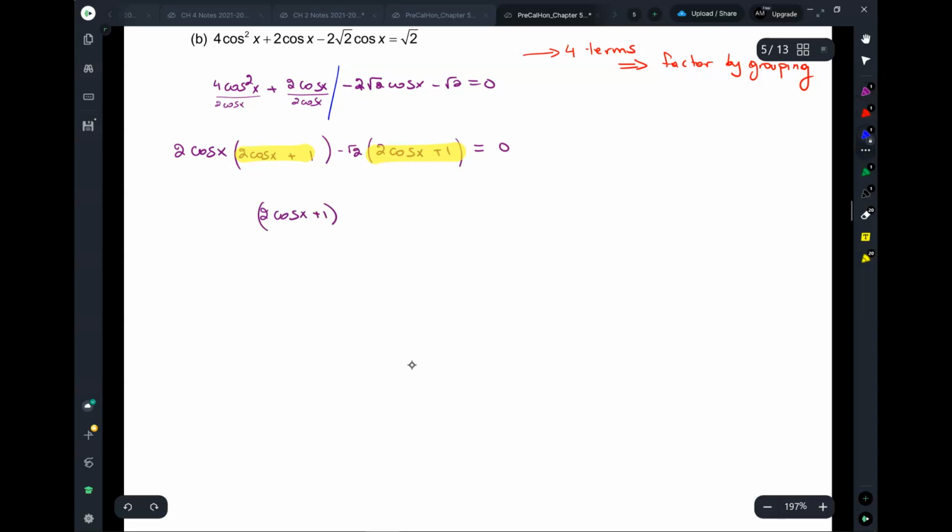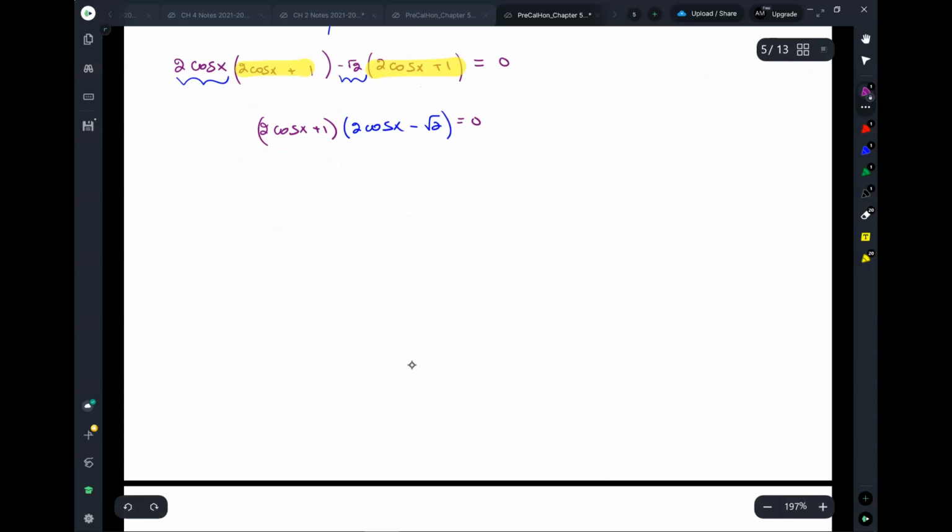And then what do I have left over? 2 cosine x minus root 2 equal to 0. Cool? Okay. Set them each equal to 0 on their own.